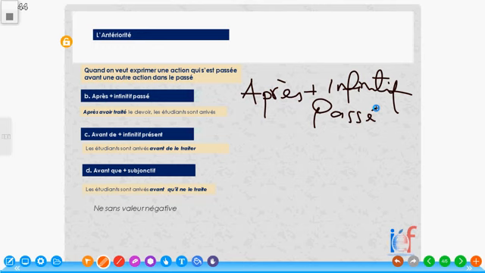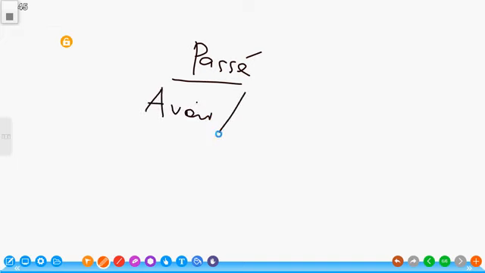Now, maybe I should remind you that there is no passé without the verbs avoir or être. Isn't it? So when I say infinitif passé, what am I saying?